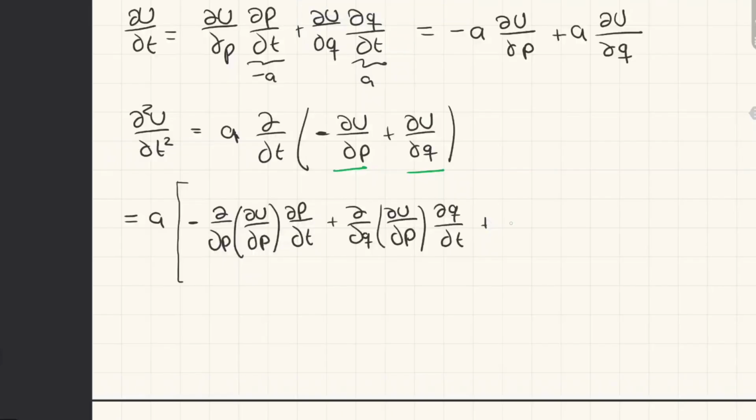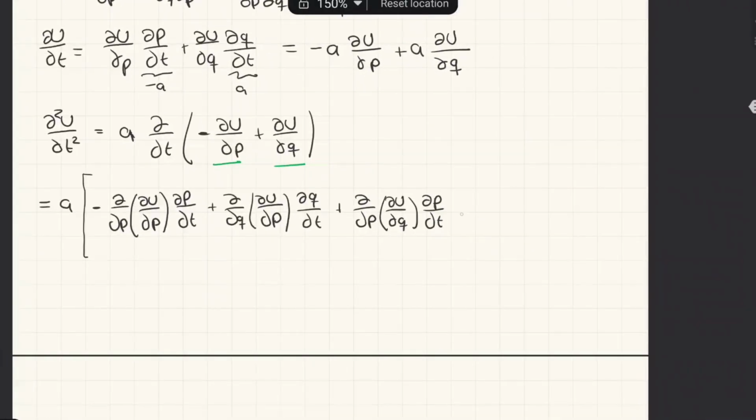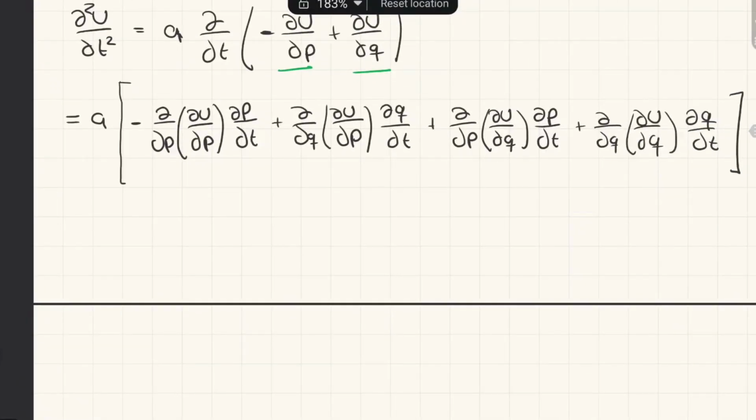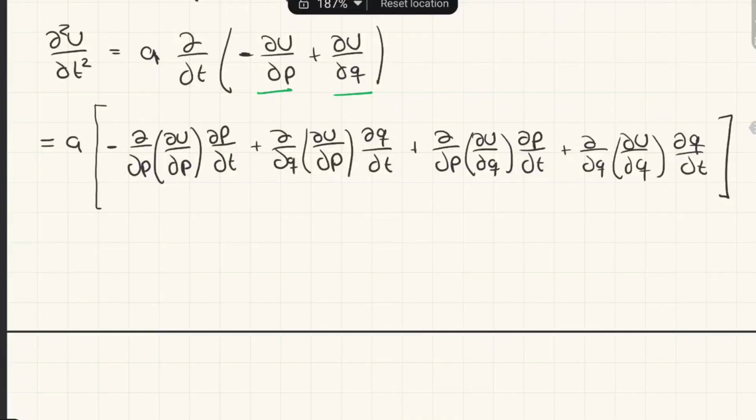And then plus the derivative with respect to p of the derivative of u with respect to q times the derivative of p with respect to time, and then plus the derivative with respect to q of the derivative of u with respect to q times the derivative of q with respect to time. Perfect. Again, the derivative of p with respect to time is minus a, and the derivative of q with respect to time is a.